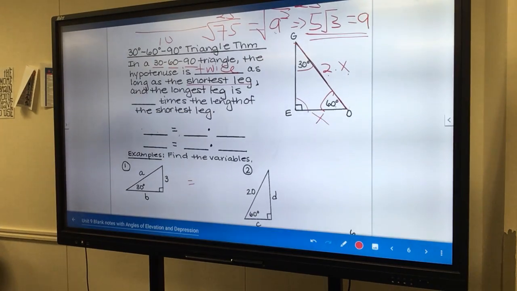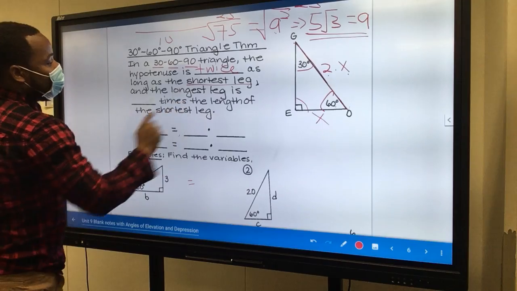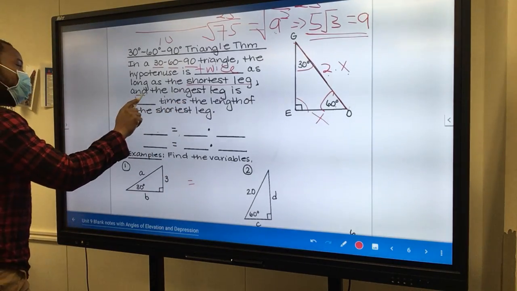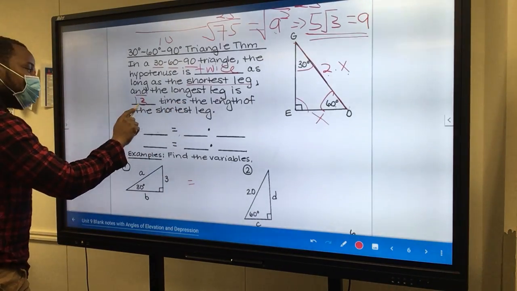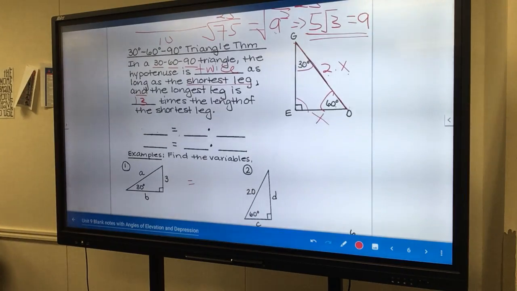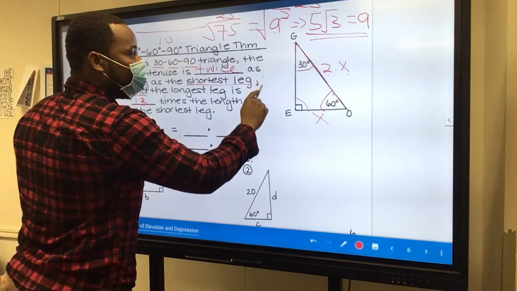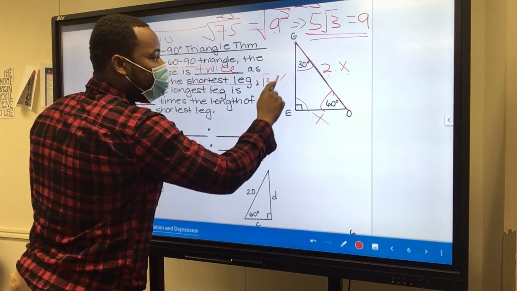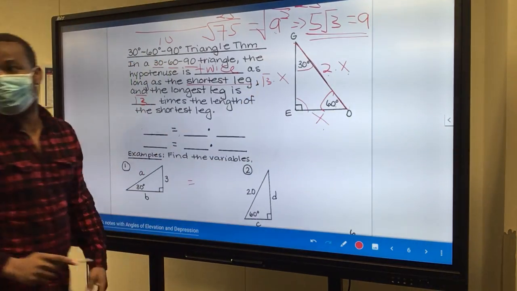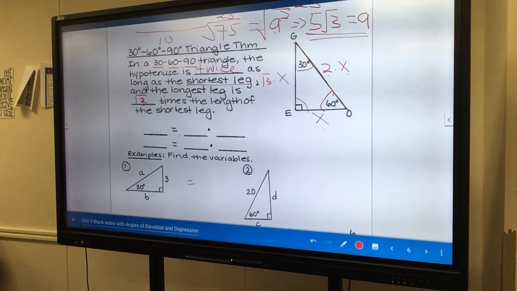Now, the next thing is that the longest leg is √3, okay? Remember we found √3, right? √3 times the length of the shortest leg, which is x that we have over here. Do you get the idea?